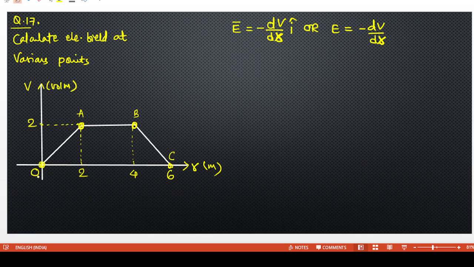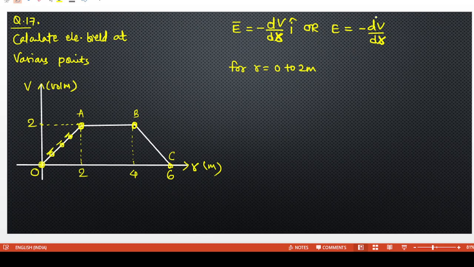So for r equal to 0 to 2 meter, the graph is a straight line, and at all points a straight line has the same slope.